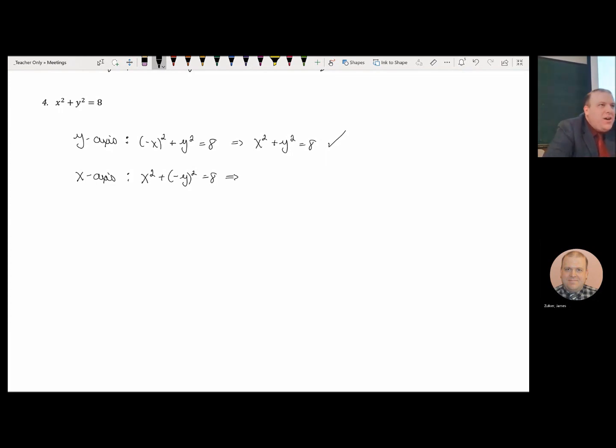Replace y with negative y. Same argument. Negative y squared is y squared. We have symmetry about the x-axis.